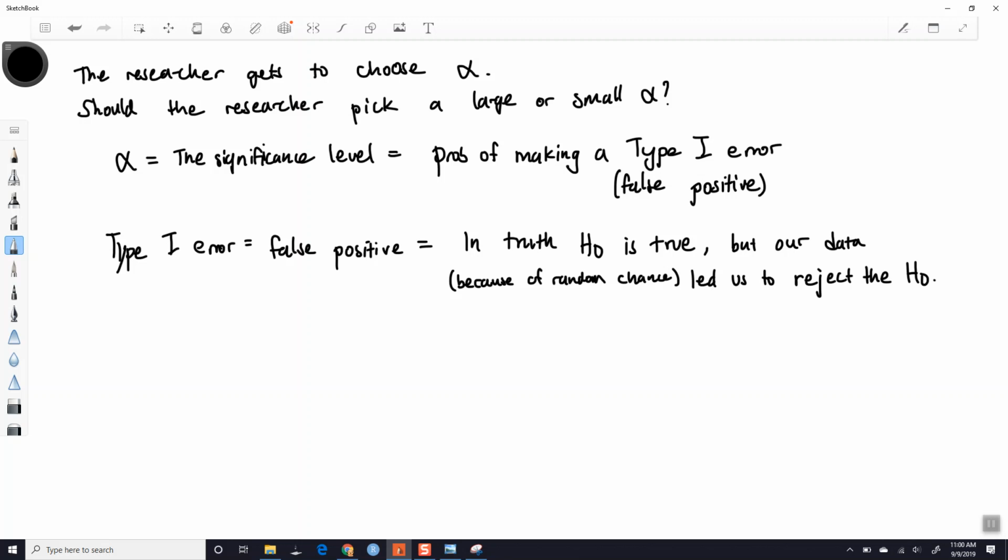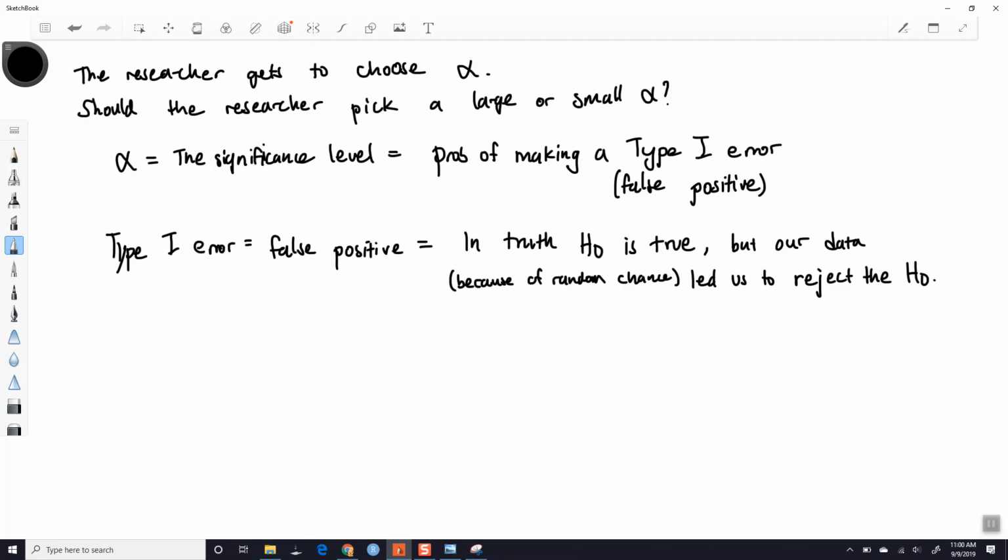And whatever alpha level you choose is going to be the risk of type 1 error, okay? If you've picked alpha to be 5%, you have a 5% chance of making a type 1 error. If you increase alpha to 10%, you're going to make a type 1 error with a risk of 10%. And if you decrease alpha down to 1%, you'll make a type 1 error only 1% of the time, okay?